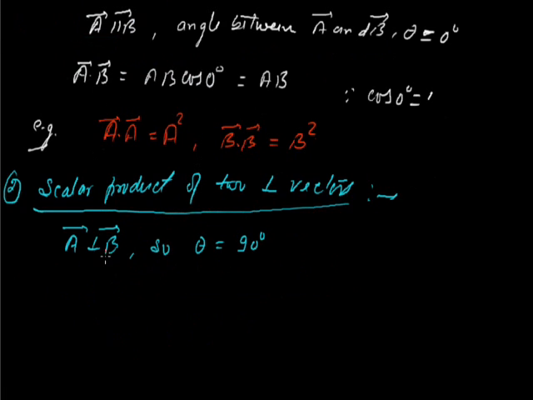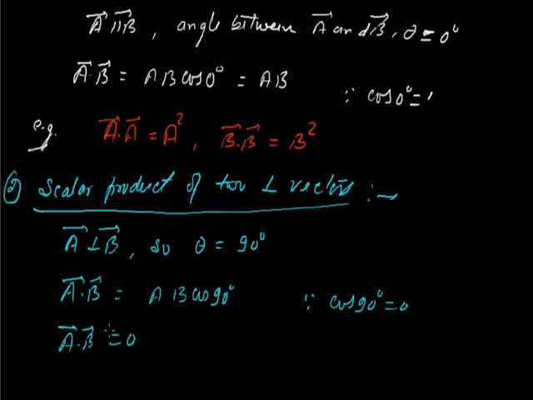Means A dot B is AB cos 90, and because cos 90 is 0, A dot B will be 0.